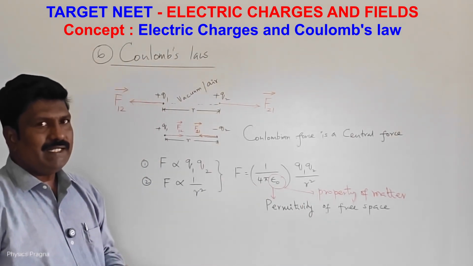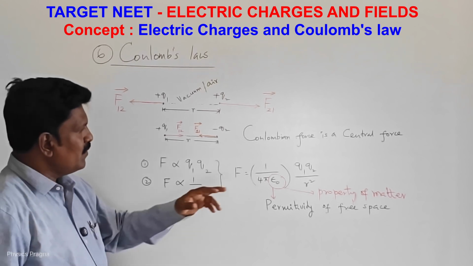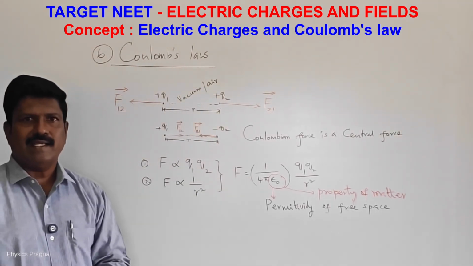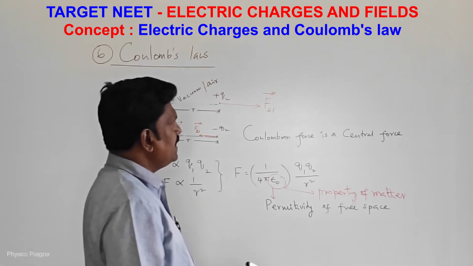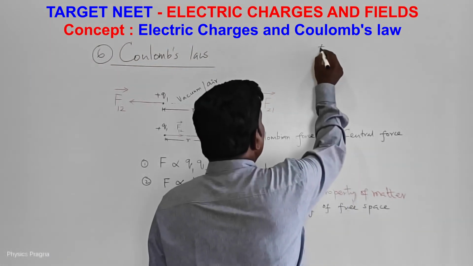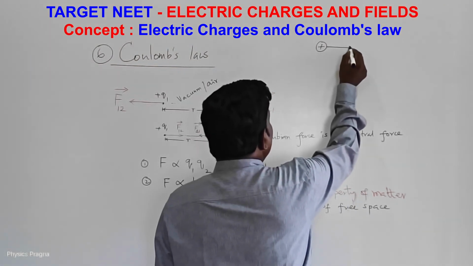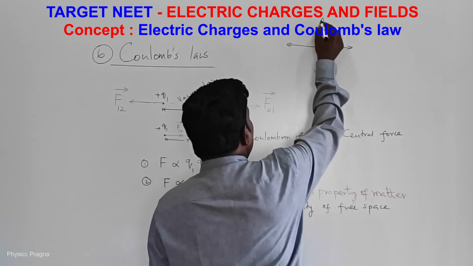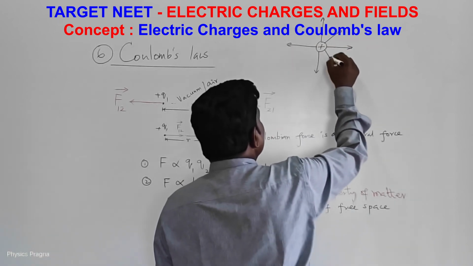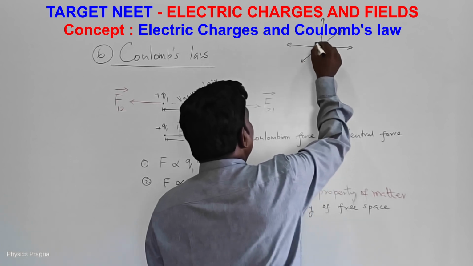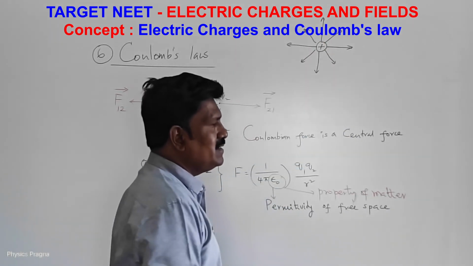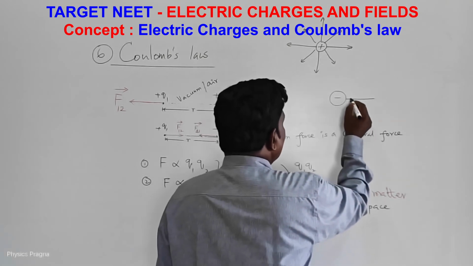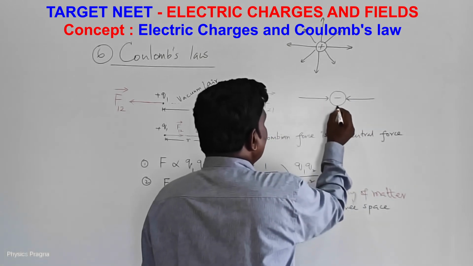What is permittivity? Permittivity is a property of matter which allows the electric field lines to pass through it. What are electric field lines? When we take a positive charge, electric field lines spread all over the space like this. If it is a negative charge, electric field lines will be in this direction.